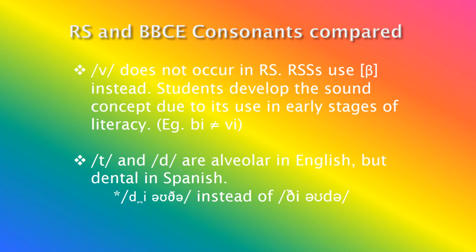As regards the voiced and voiceless alveolar plosives, they only exist in English because in Spanish they are dental. That is why we tend to mispronounce the voiced dental fricative in initial position mainly because we produce a dental plosive in Spanish in that position.